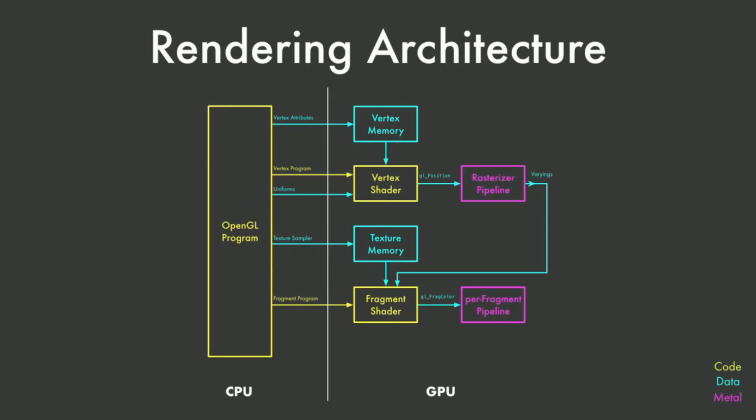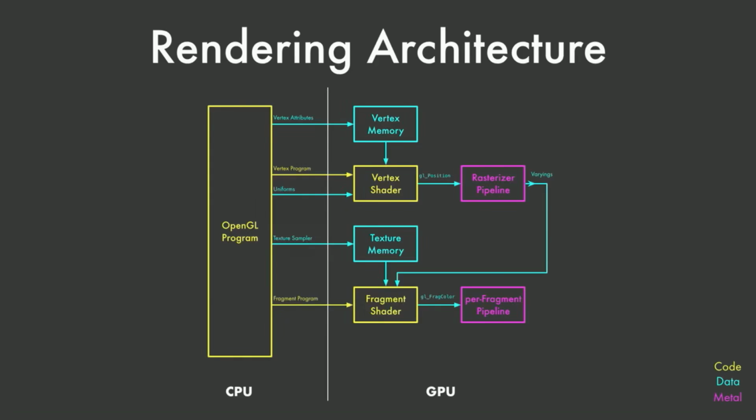You will then also upload your texture data, so your bitmaps and whatnot, into texture memory. You want to do that as little as possible because the bridge between CPU and GPU is slow and expensive. But once it's on the GPU, your vertex shader and fragment shader can access the data very quickly.